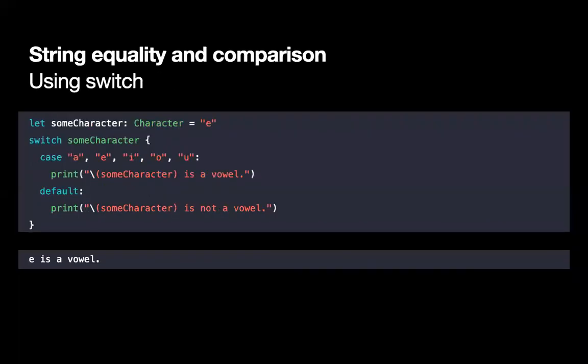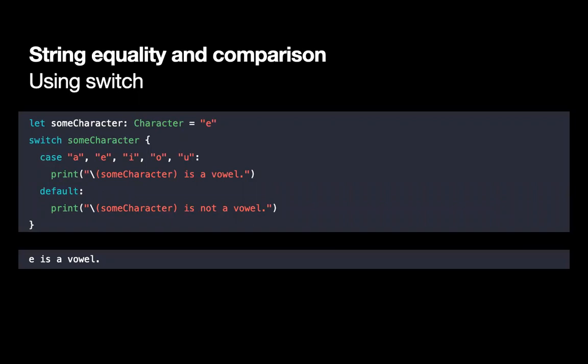Then you can use the switch statement for string equality and comparison. Here is one example which shows how we can use the switch statement for checking string equality and comparison. We took a constant called someCharacter, the data type is Character, equal to e.